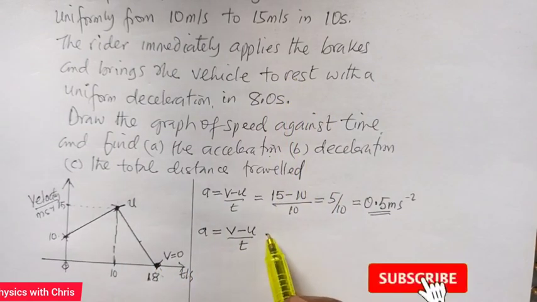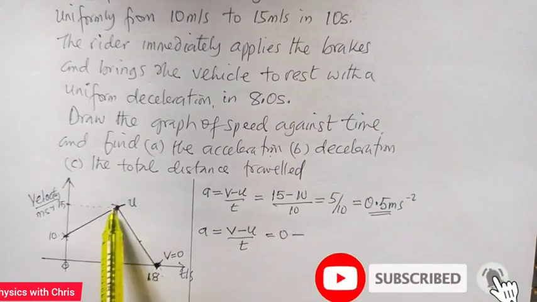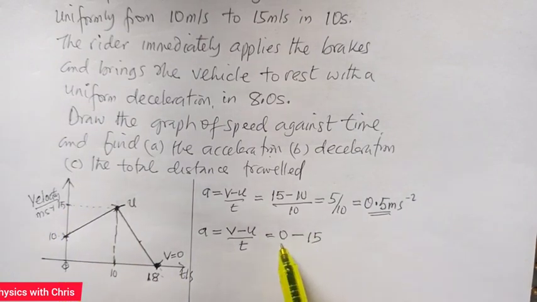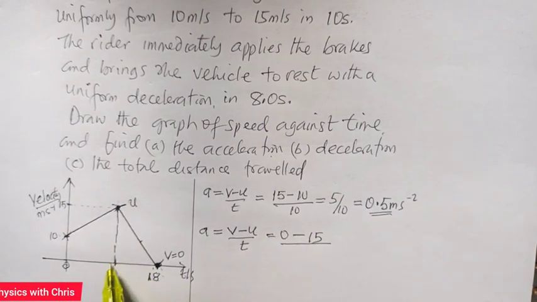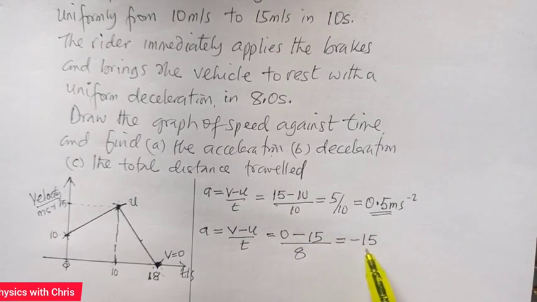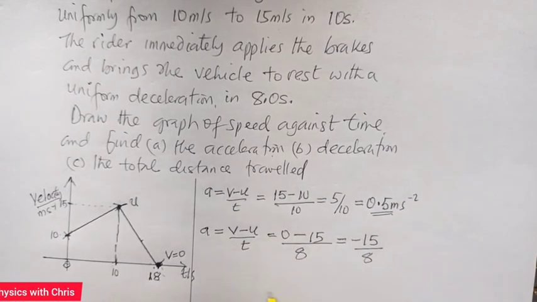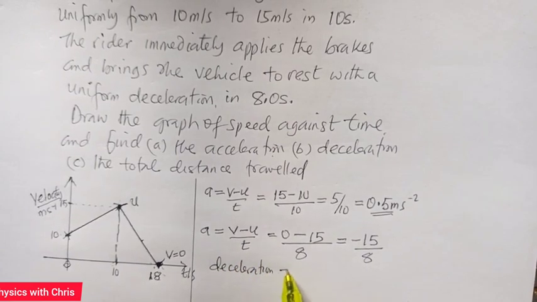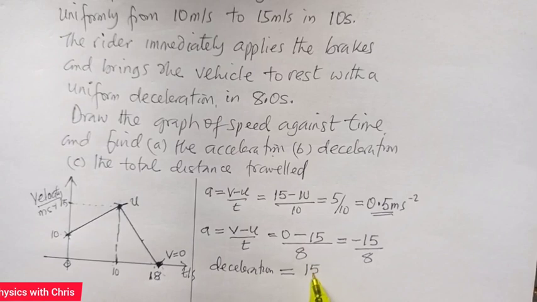That gives me 0 minus 15, in the time of 8 seconds, which is minus 15 divided by 8. So my deceleration, excluding the negative sign, is 15 over 8 meters per second squared.